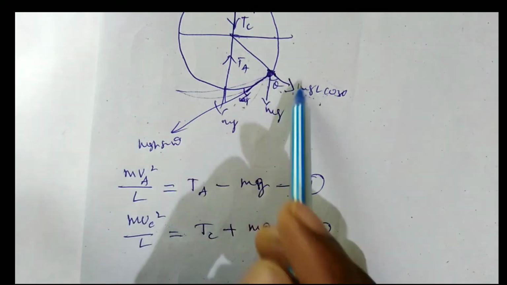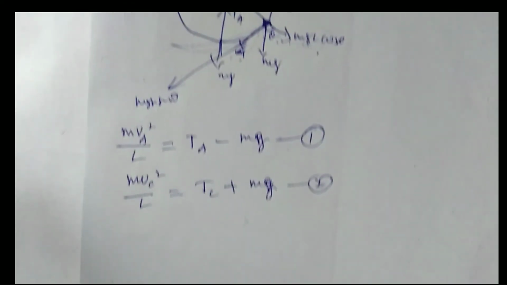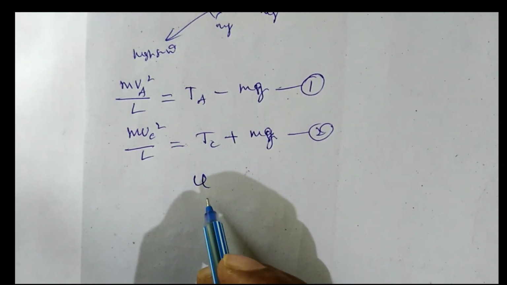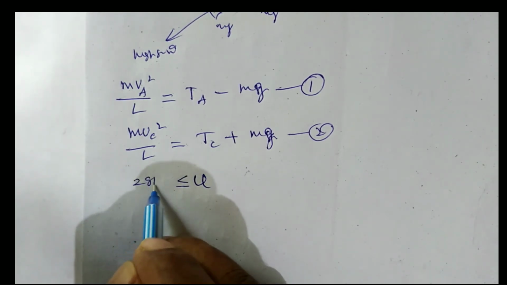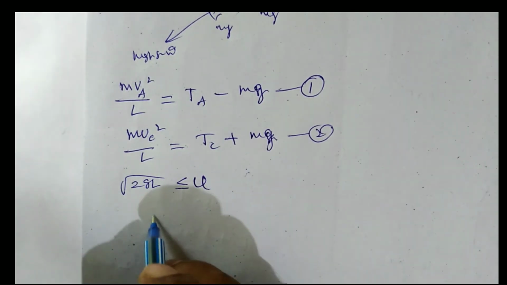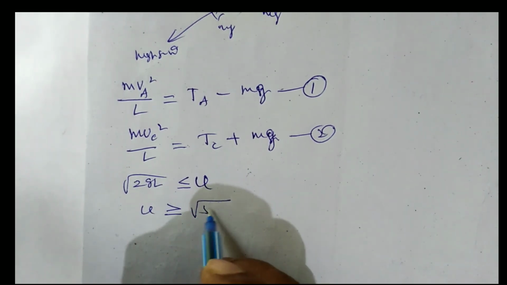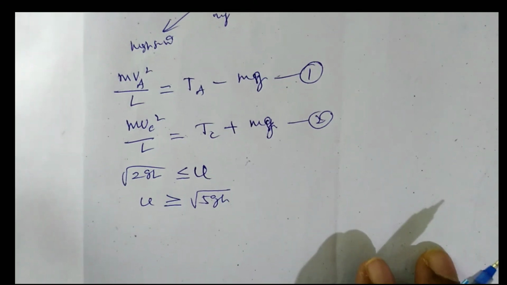Okay, so that it balances, so it brings back in that way. So these two equations are very much necessary. Another thing is that the velocity given in the numerical sum, it is less than or equal to 2gl, you have to see, or else u is given that is greater than or equal to 5gl, that you have to see. Then you can conclude the equation.